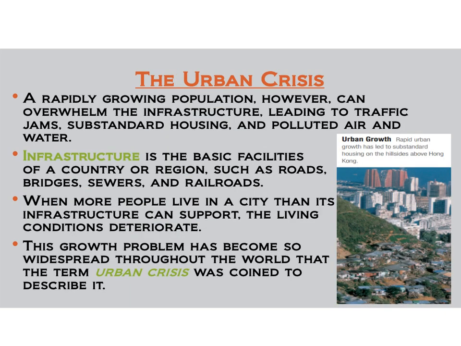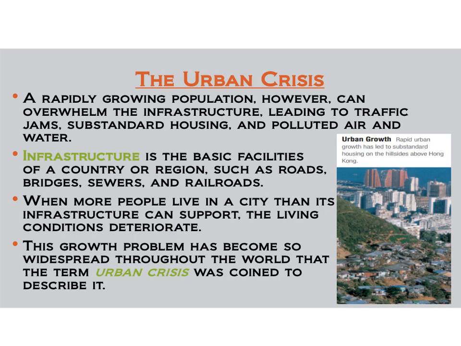If our population grows too fast instead of nice and slow, we have something called the urban crisis. The urban crisis is a phrase that is used to describe a rapid increase in urban growth, rapid urbanization.